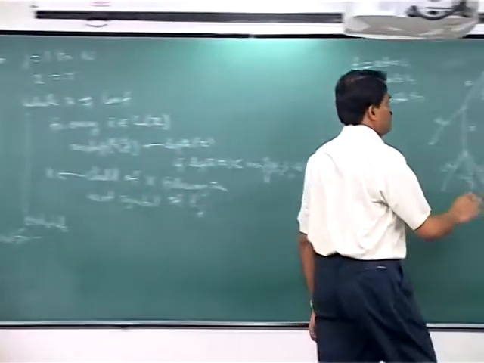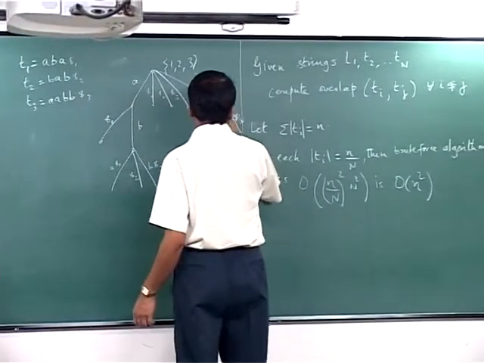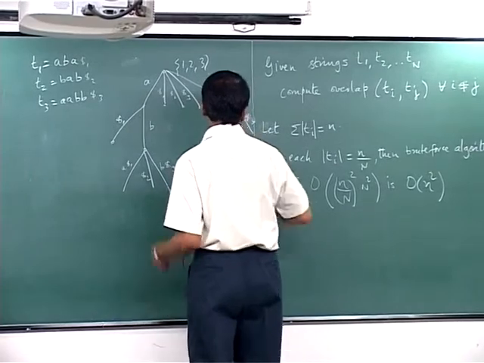So this is delta 2, delta 3, and then B delta 3. Okay.